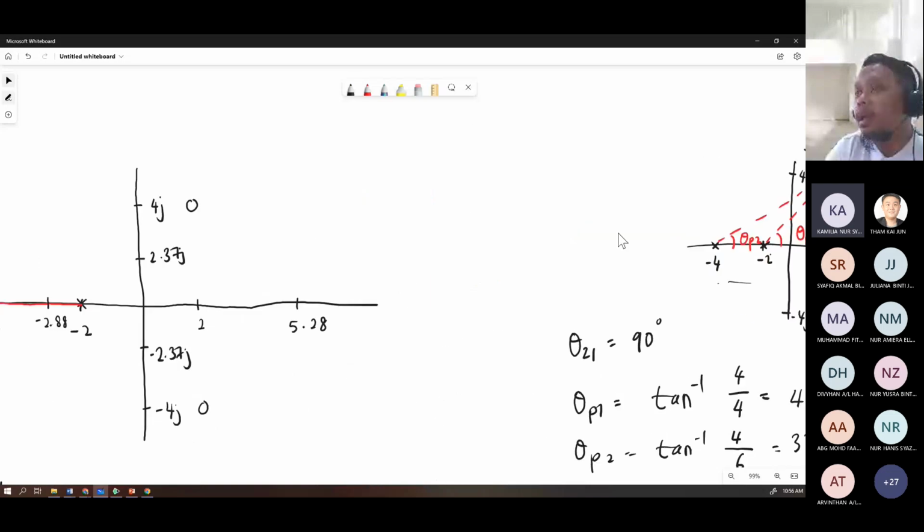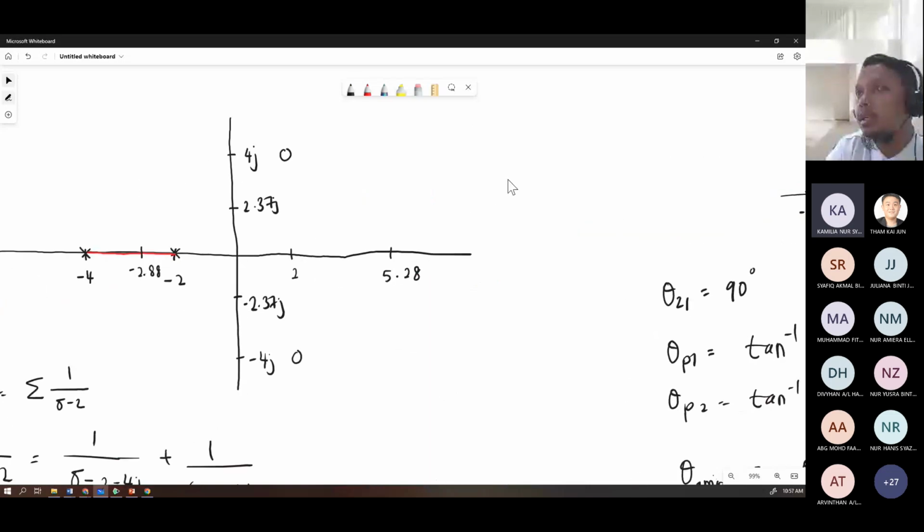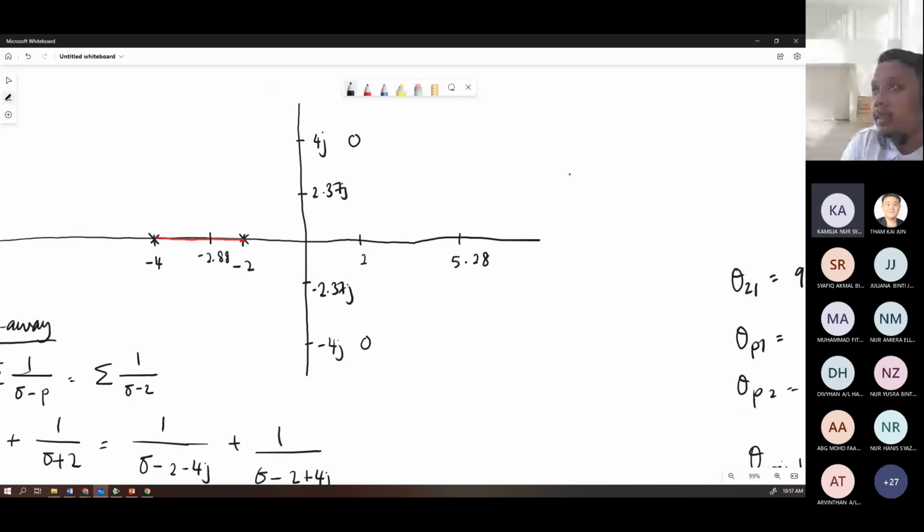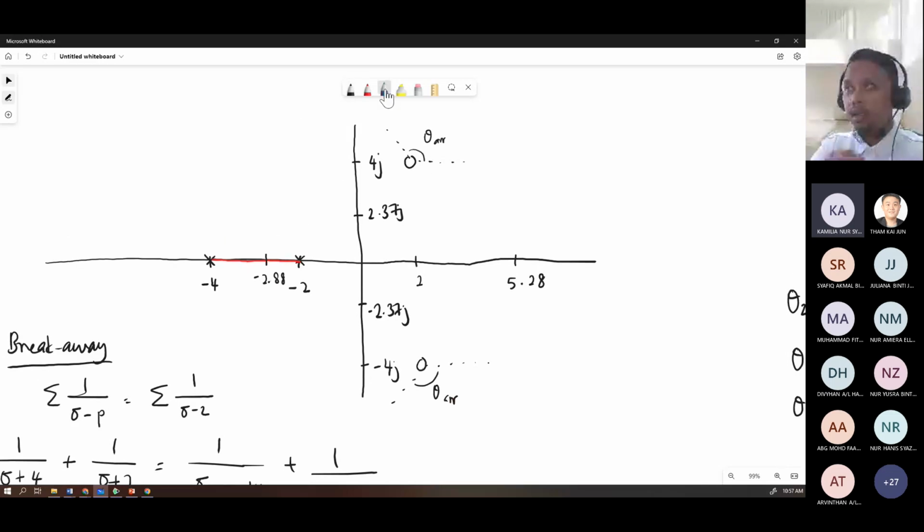Then we can maybe sketch the angle on the S-plane. Okay, so we have all of the information needed. Then we can sketch the final root locus.